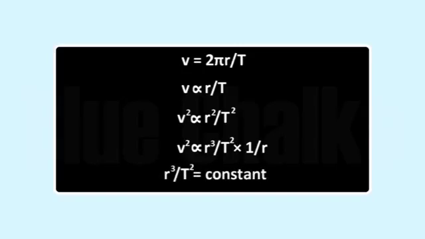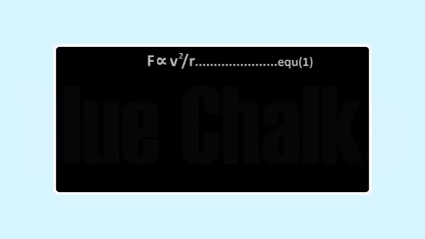By Kepler's third law of planetary motion, r³/t² is equal to a constant. So, the above relation becomes v² is directly proportional to 1/r, which is equation 2.